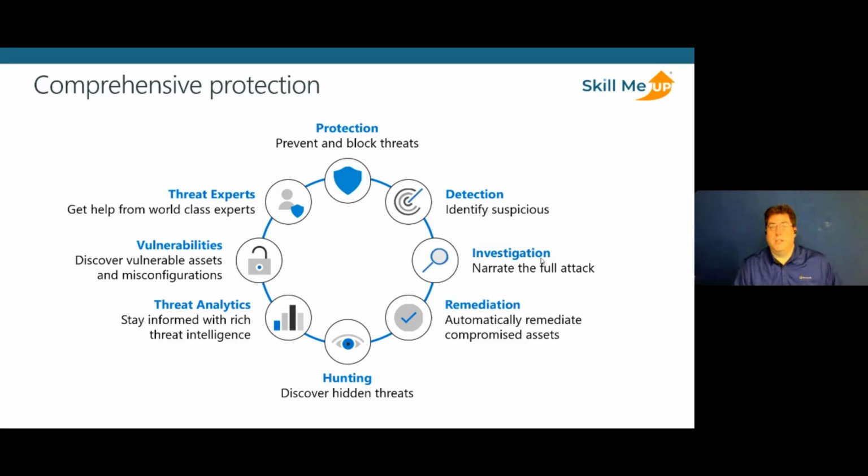We need to have the ability to investigate and understand what the full path was potentially within your environment of that attack. Once we investigate, we want to take the steps to remediate that and help to clean those compromised assets, as well as understand what needs to take place to enable controls that are going to avoid that attack from taking place again.